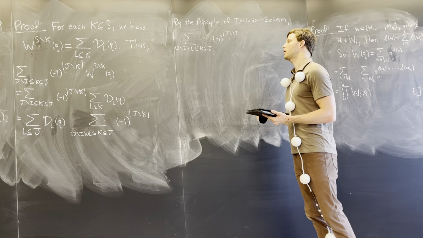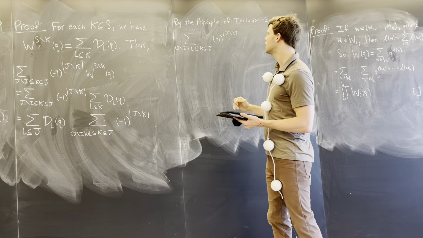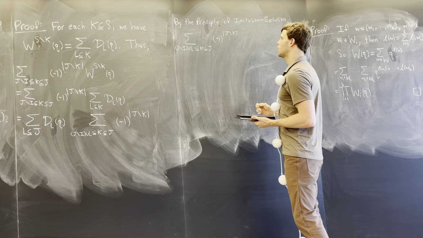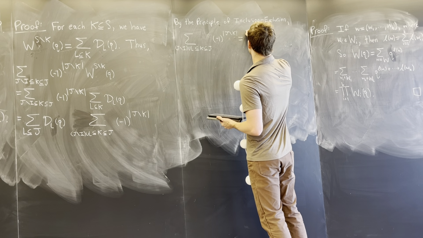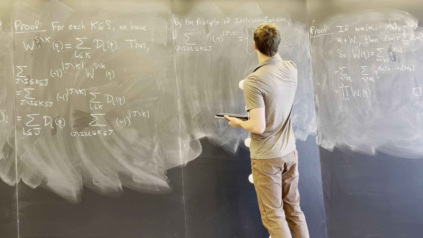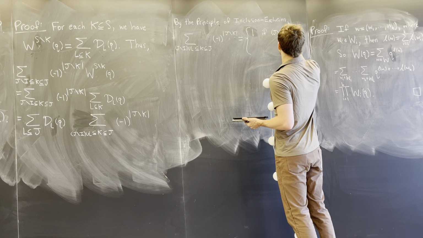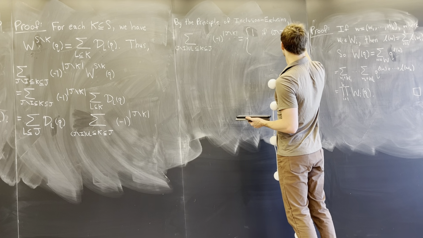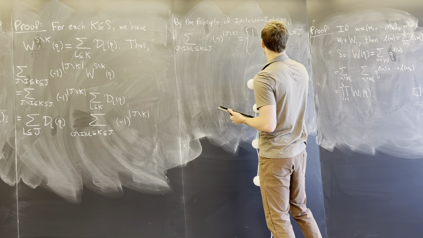This is basically 1 or 0, and it's 1 precisely when these two sets are the same. So this is 1 if J minus I union L equals J, and it's 0 otherwise.